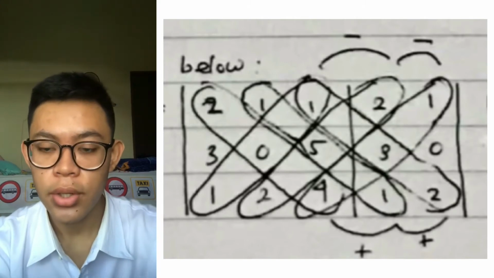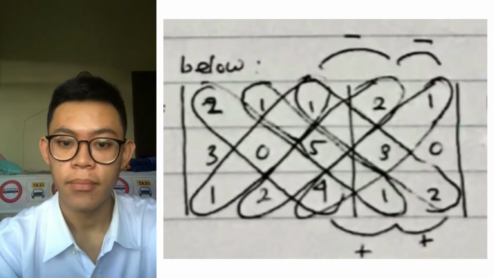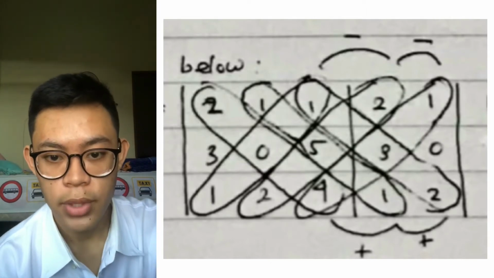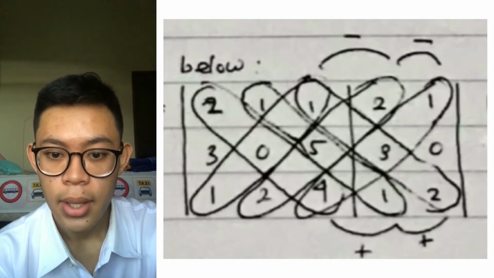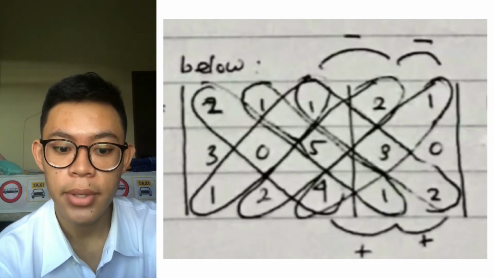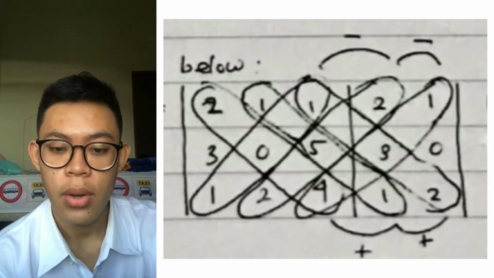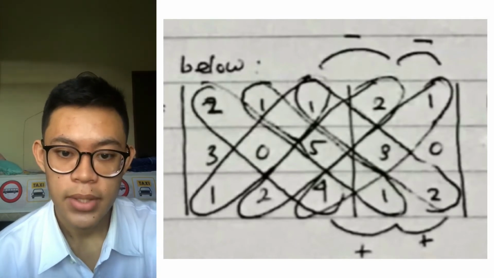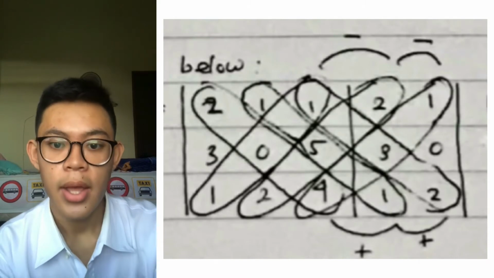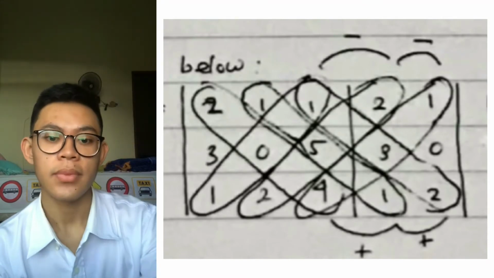Then we are going to find the determinant of A. First, we multiply the first number in the first row with the second number on the second row and the third number on the third row.